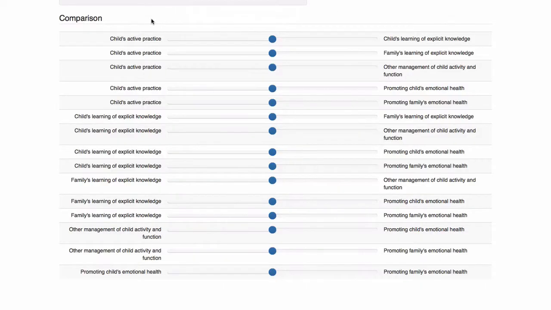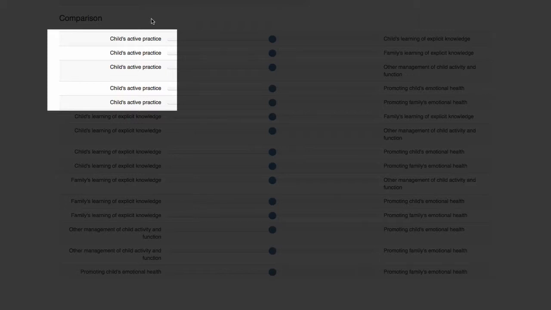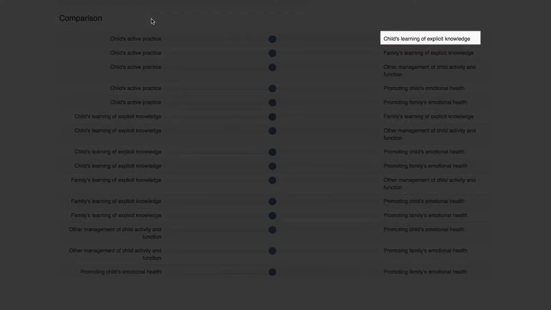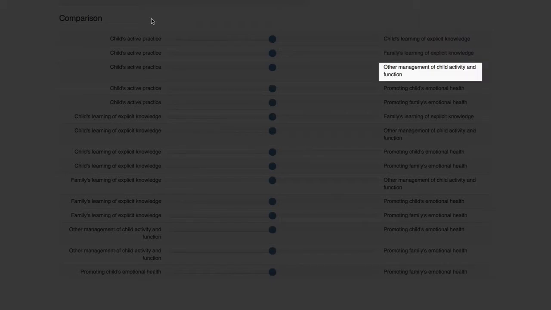And here we have some sliders. Again, what's going on here should be clear if you've read the paper, but in brief, what we're looking at here is every pairwise combination of the items we've selected at the top. So we start with the first ingredient, child's active practice, and we've listed it against the second, the third, the fourth, the fifth, and the sixth item.